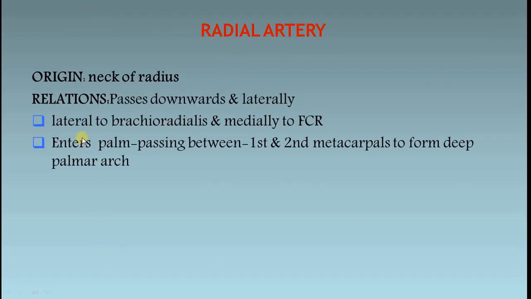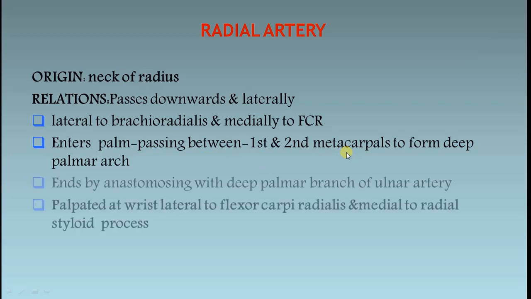It is present lateral to brachioradialis and medial to flexor carpi radialis. Then it passes to the dorsum and again comes to the palmar aspect by piercing between the first and second metacarpal, and forms the deep palmar arch along with the deep branch of the ulnar artery.